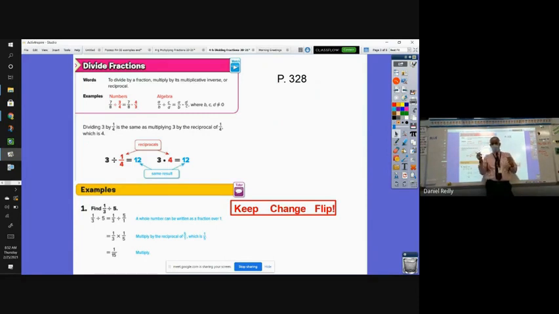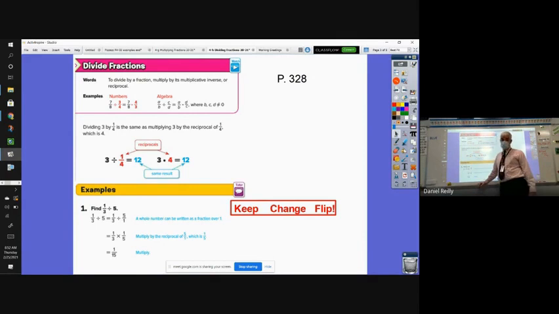Because it goes in 2 times into the first one and 2 times into the second one. So dividing by a fraction, a proper fraction, gives you a bigger answer. Okay? The way you do it mathematically is to change the division to a multiplication and flip the second fraction.